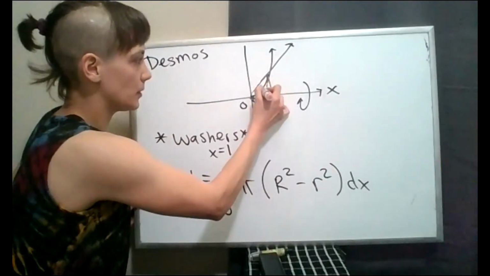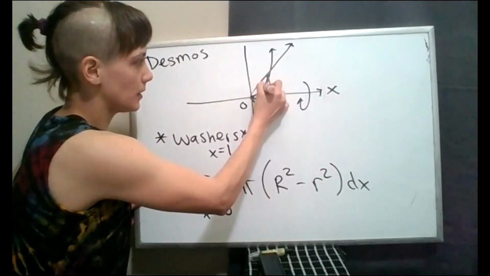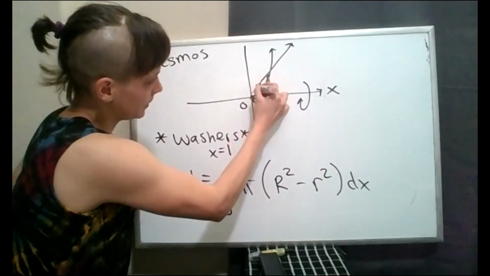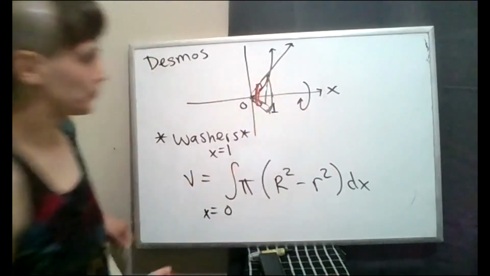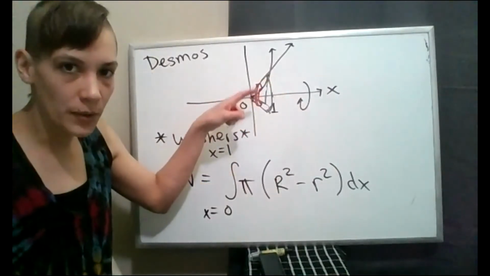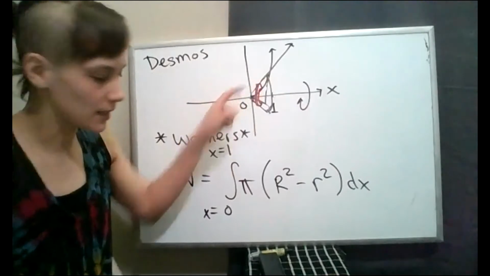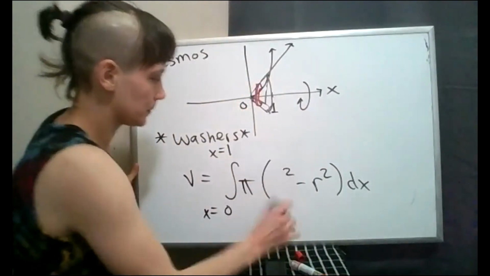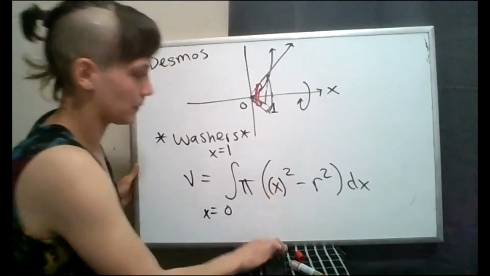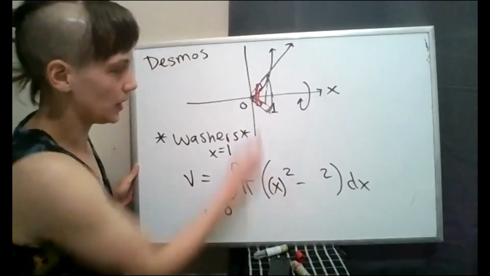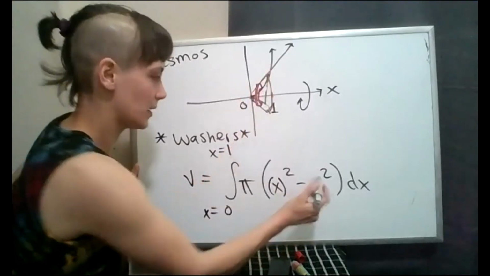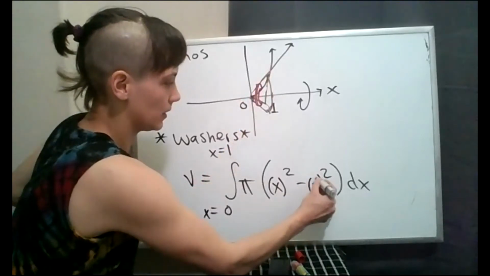The washer goes around and around, has some width. So you go all the way to the straight line, y equals x, and subtract going to that bend, which is x to the 4th, and then square it.